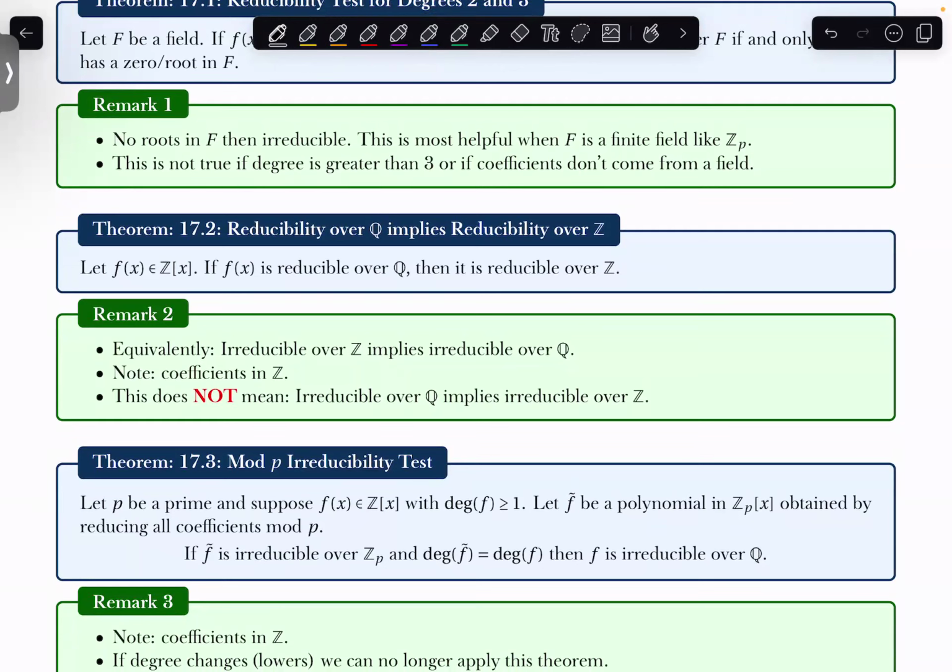And I can think contrapositive: if it's irreducible over Z, then it's going to be irreducible over Q. Something to know is that my coefficients have to come from the integers. And this does not mean that if it's irreducible over Q, then it's irreducible over Z. We actually saw an example where it was irreducible over Q, but the way that we wrote the factors gave us non-units in Z, and so it wasn't irreducible over Z. So this is not true in general. I only get this one direction, and I can also think of the contrapositive as well.